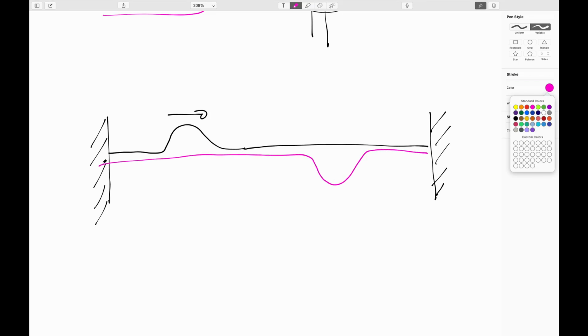upside down. Now if you keep sending pulses down, eventually these pulses coming back will interfere with the pulses that are being sent down. And in most situations, what will wind up happening is these pulses will generally start canceling each other out.